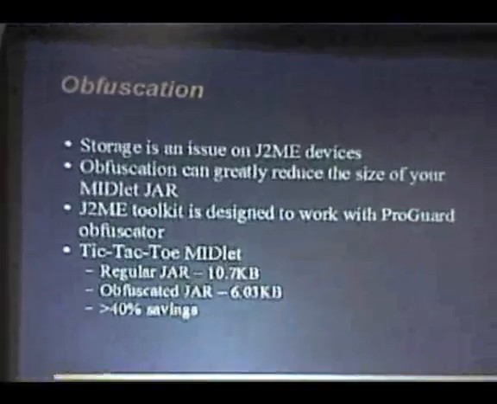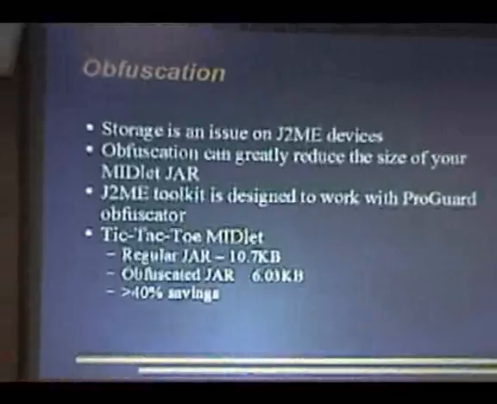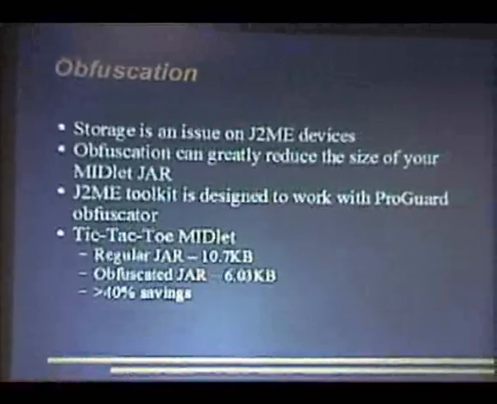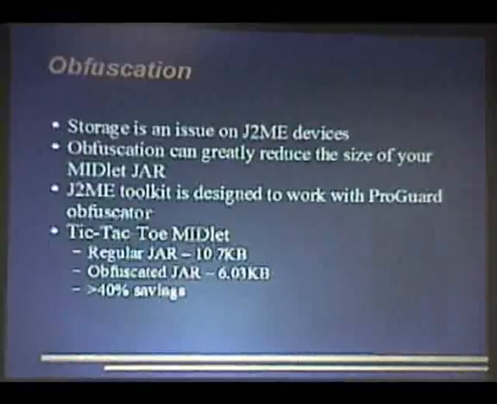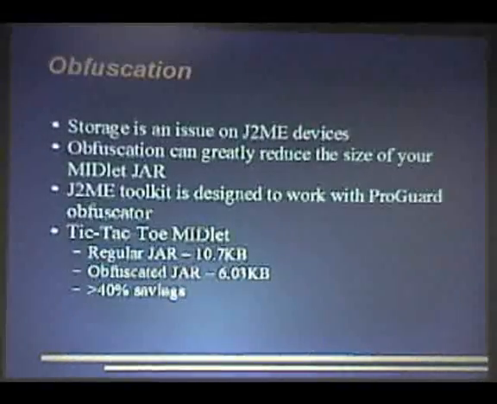It shrinks the size of your application by quite a bit. With my tic-tac-toe midlet, the regular jar was 10.7 kilobytes, and the obfuscated jar was 6.03 kilobytes, which when you're talking about a device that at most has a couple hundred K or a meg of storage, 40% savings is pretty good. The J2ME toolkit is designed to work with ProGuard.